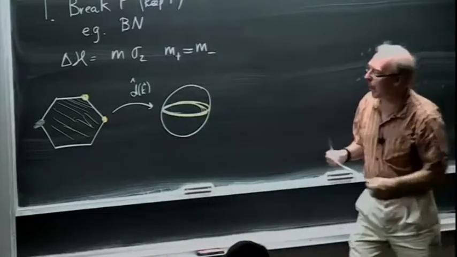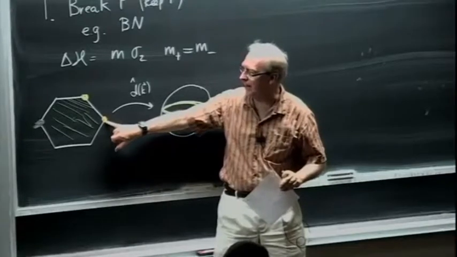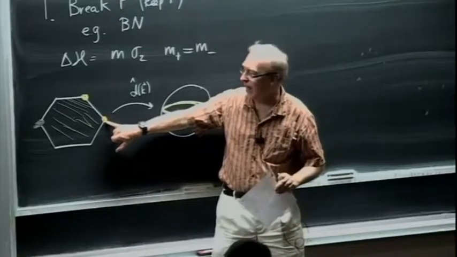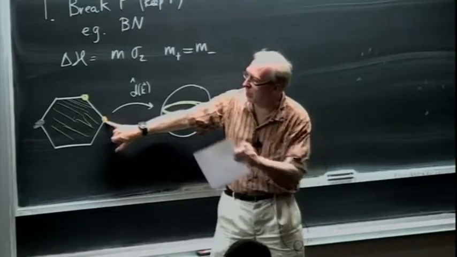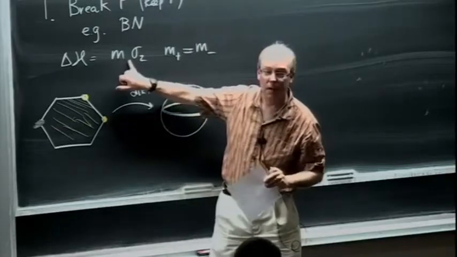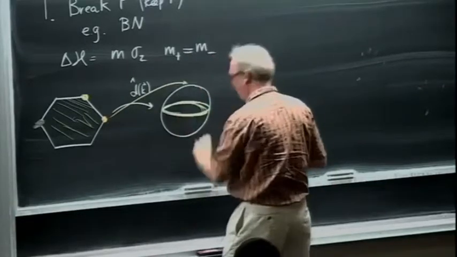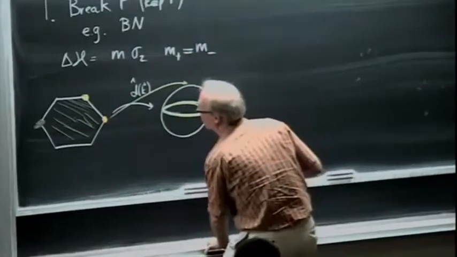But if I look precisely at the K point, then the D that I had before is equal to 0, so it's going to be dominated by this term, and so it's going to go up to the North Pole.